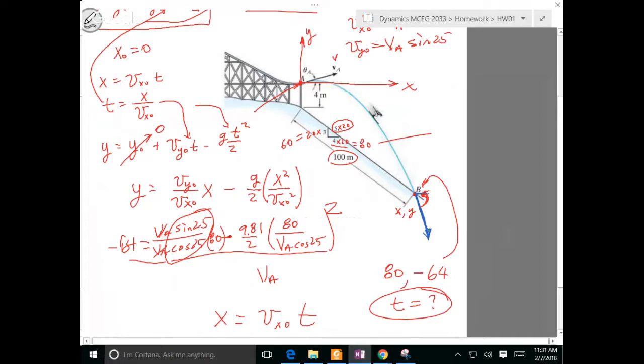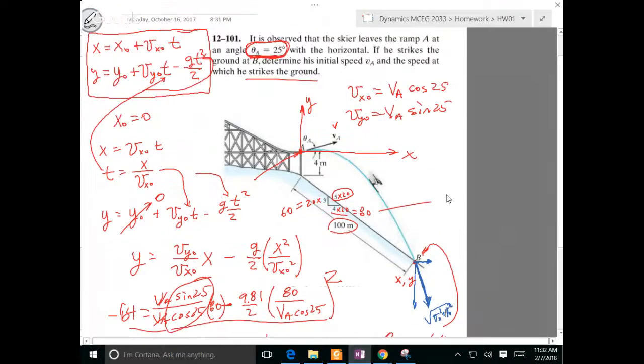This will be your X component. This will be your Y component. And I bet in the back of the book, he's wanting the square root of VX squared plus VY squared. That's what I bet he's asking.